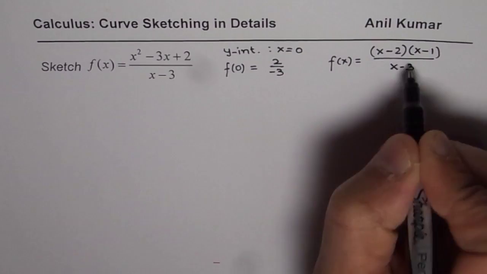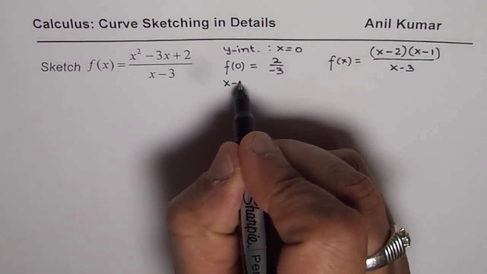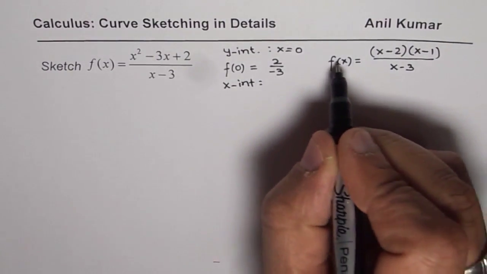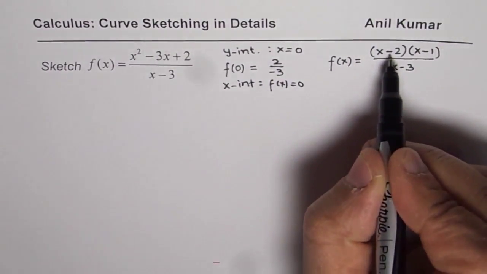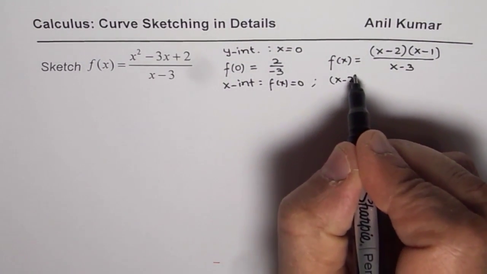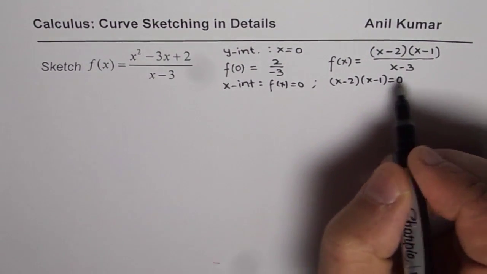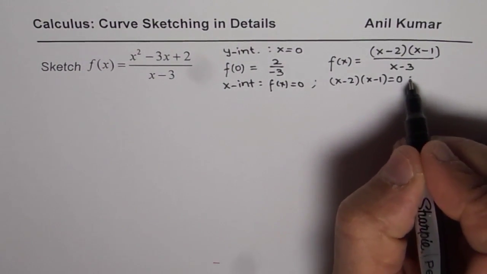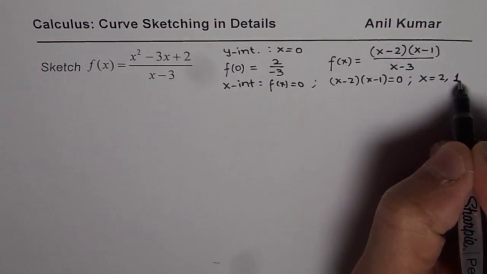From here we get the x-intercepts. The x-intercept is when f of x is 0, which means when the numerator is 0. That is to say x minus 2 times x minus 1 equals 0, and that gives you two values. So the values are x equals 2 and 1, correct?